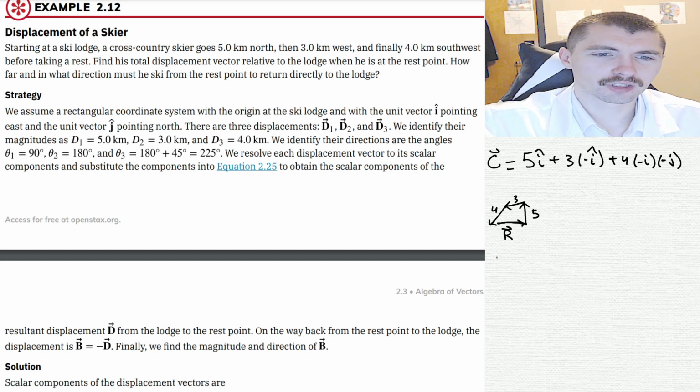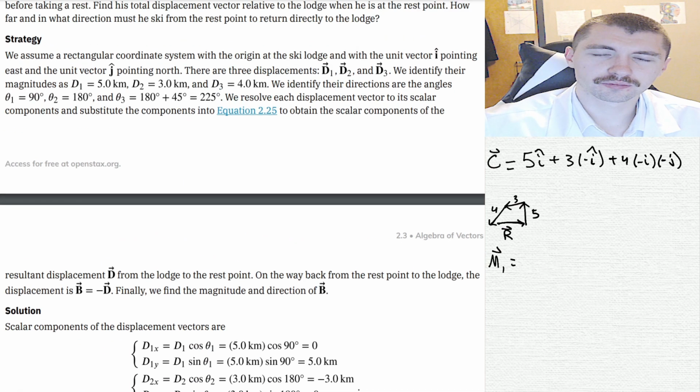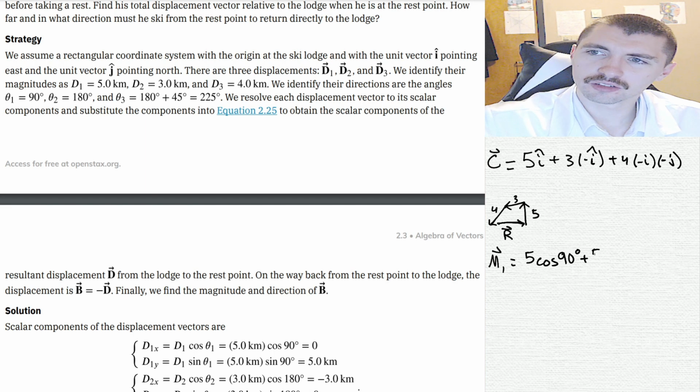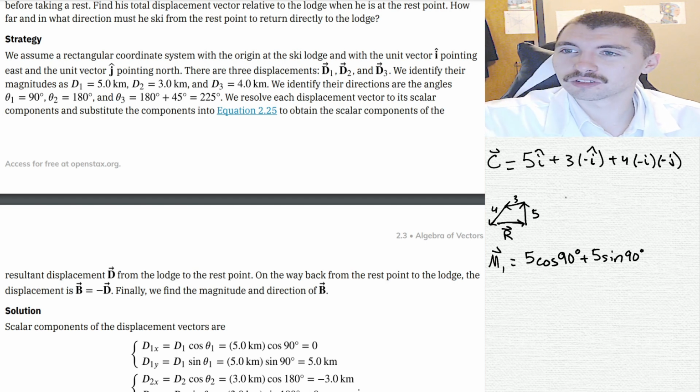So they have 3 vectors. So the first vector, move 1, I guess I could say it's 5 cosine 90 degrees plus... because these are 2 vectors and you can add 2 vectors to get another vector. So I think this notation is right.